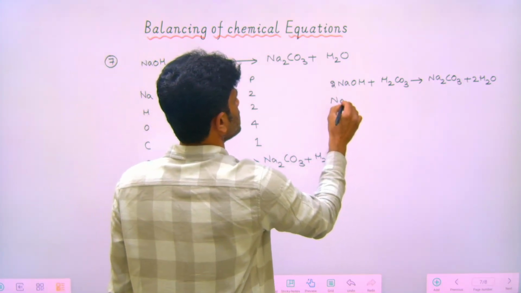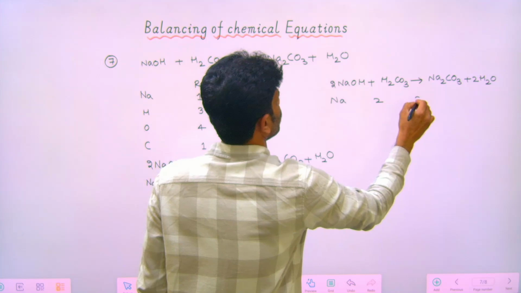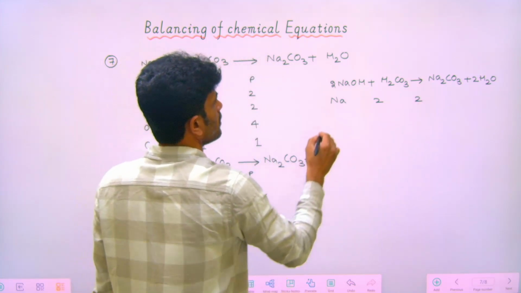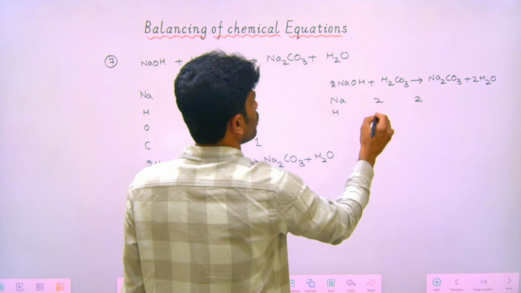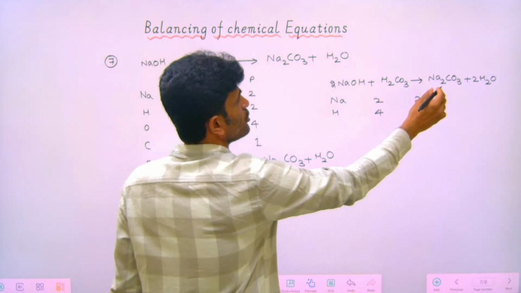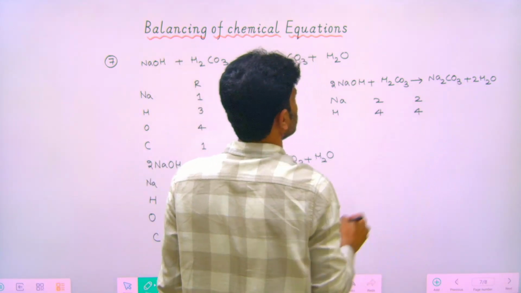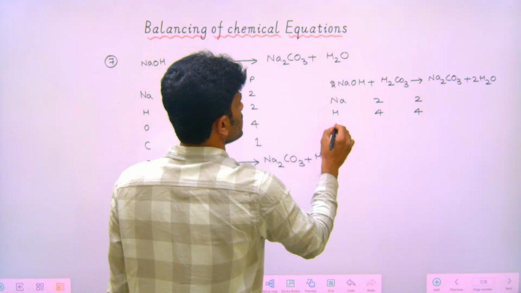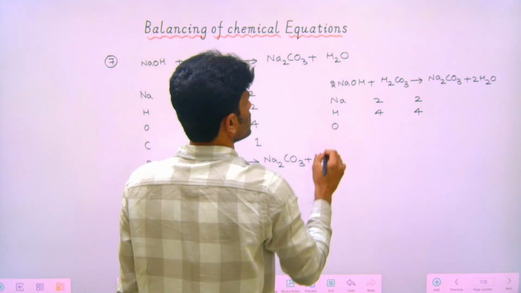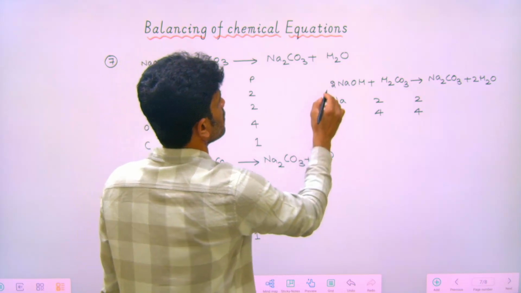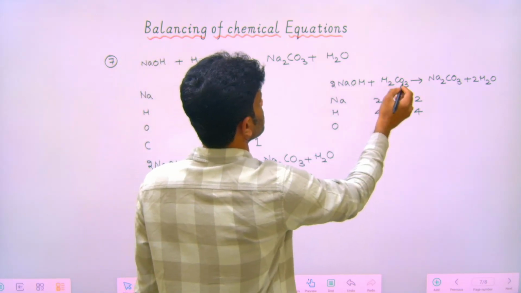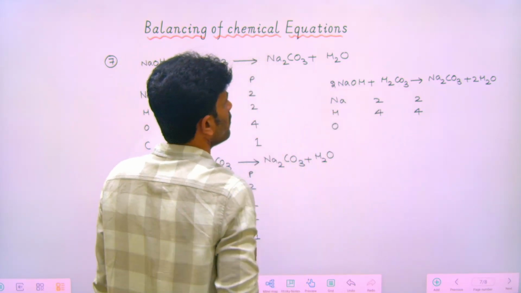Sodiums are balanced, 2, 2. Next, hydrogens, here 2 we have. 2 plus 2, 4 here. There also 2 into 2, 4 we have. Next, oxygens. If you observe, here we have 2 plus 3, 5.